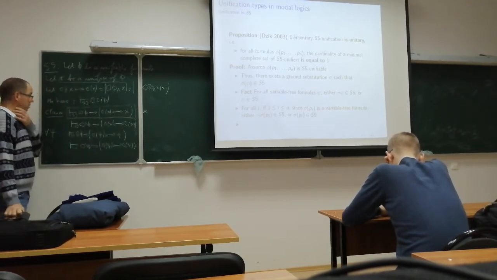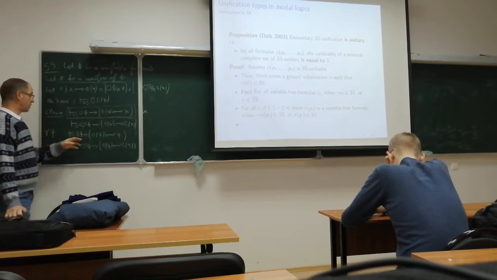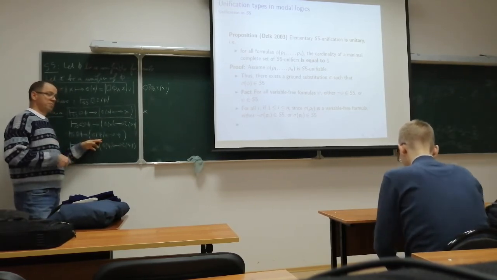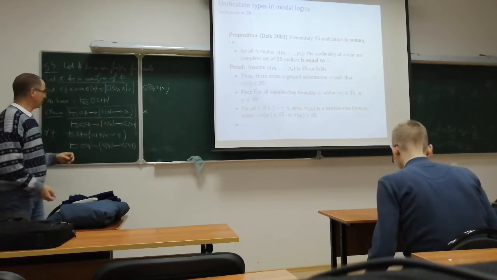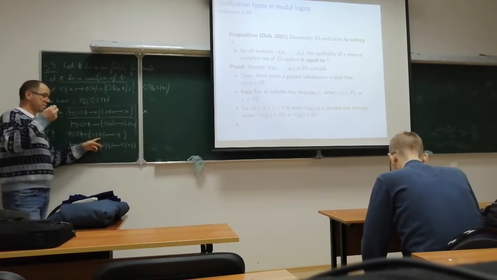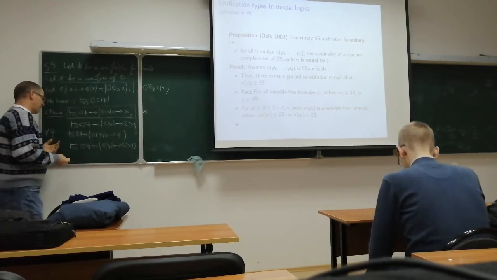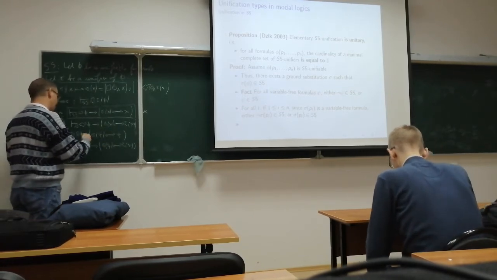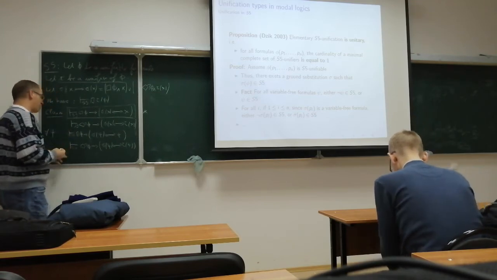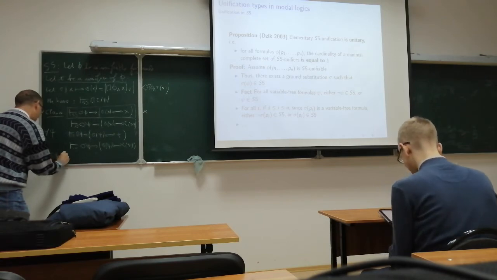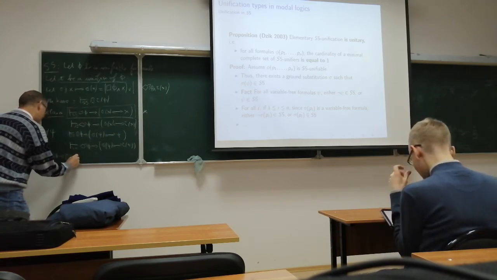It is provable by induction on psi. When psi is a variable, it is just what is written before. When the main connective is a Boolean connective, it is by the induction hypothesis. And when psi is of the form box psi prime, to prove this for box psi prime, we need to know that box phi implies box box phi.